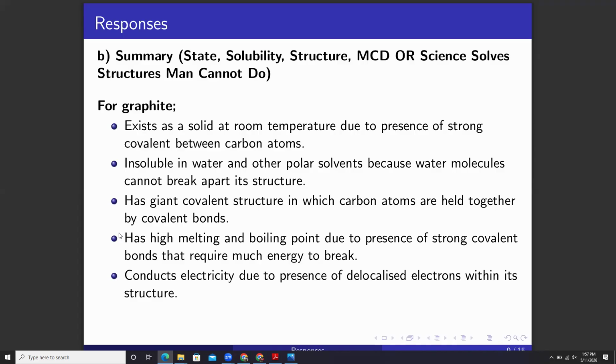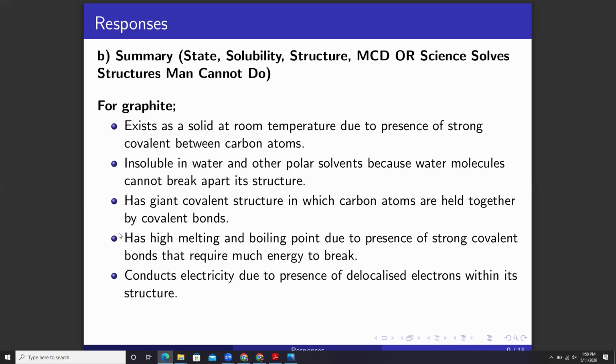This one does not work for diamond and sand. If you have diamond, you say that it does not conduct electricity. If you have sand, you say that it does not conduct electricity due to absence of delocalized electrons within its structure. But graphite conducts due to presence of delocalized electrons within its structure.